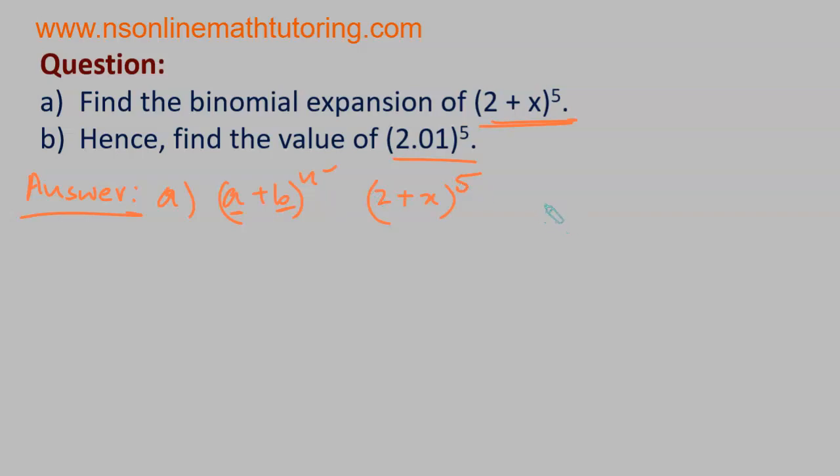For the question that has been given to us, the a value is equal to 2, the b value is equal to x, and the value of n is equal to 5.